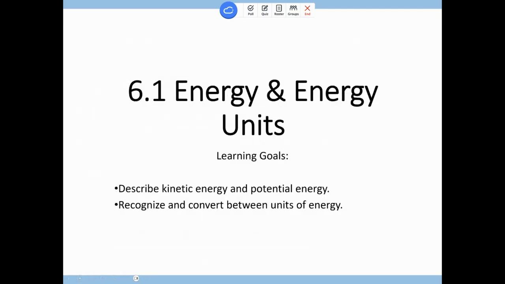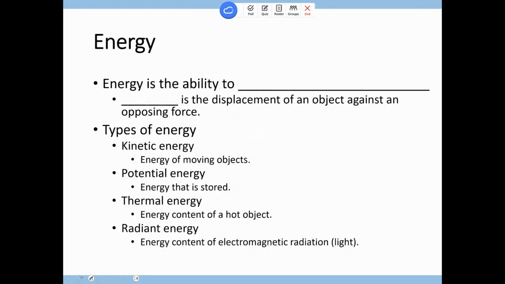So, the first few sections of this chapter are setting up the calculations and problems that we'll solve towards the end of the chapter. So background information for a couple of sections, and then things will get exciting. But in this section, we are just defining energy and then talking about units that we use to communicate energy.